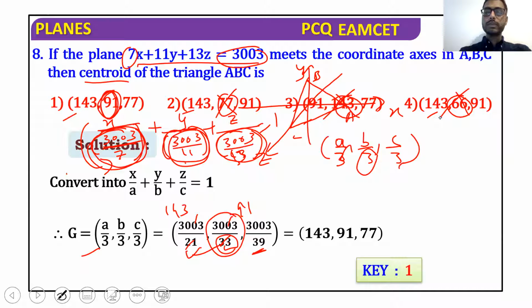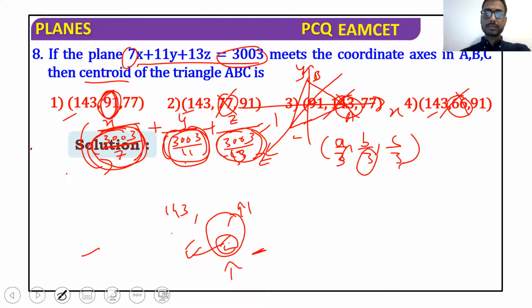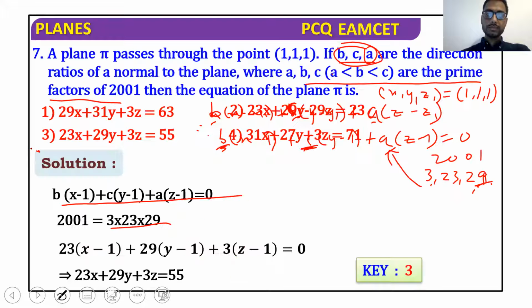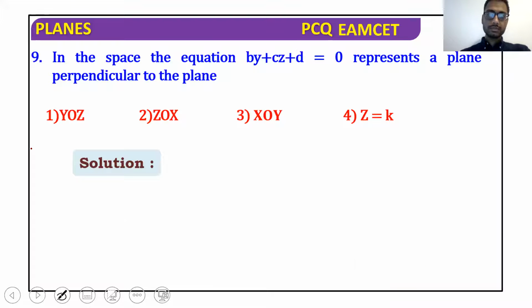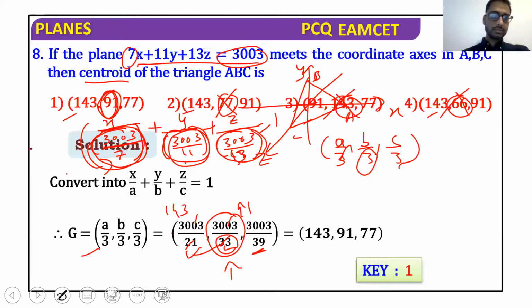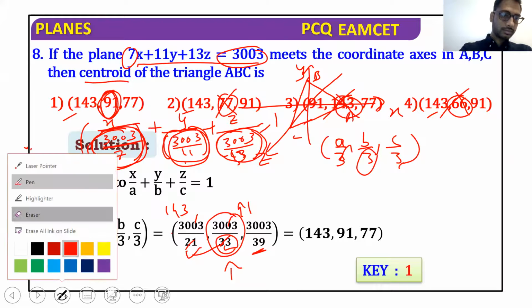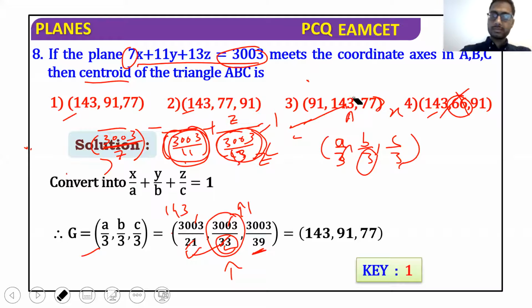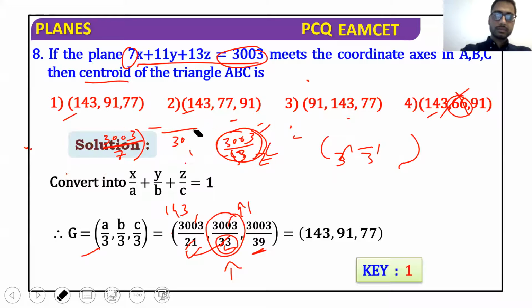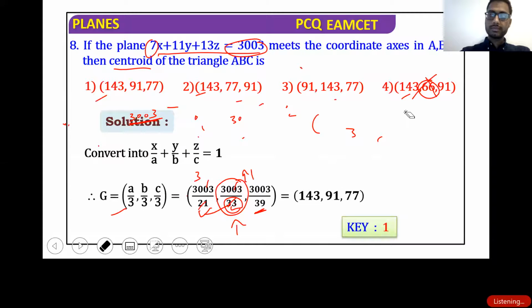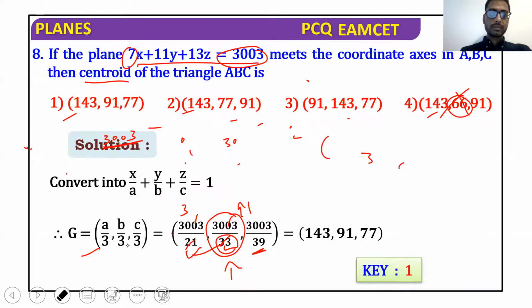So instead of even solving for the first term, you could have directly started with the second term itself. So what you have to do is look at your options.